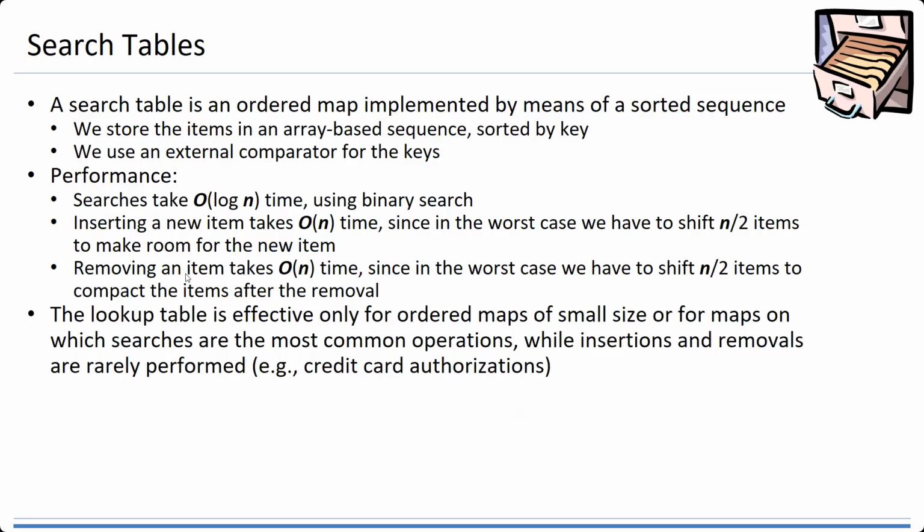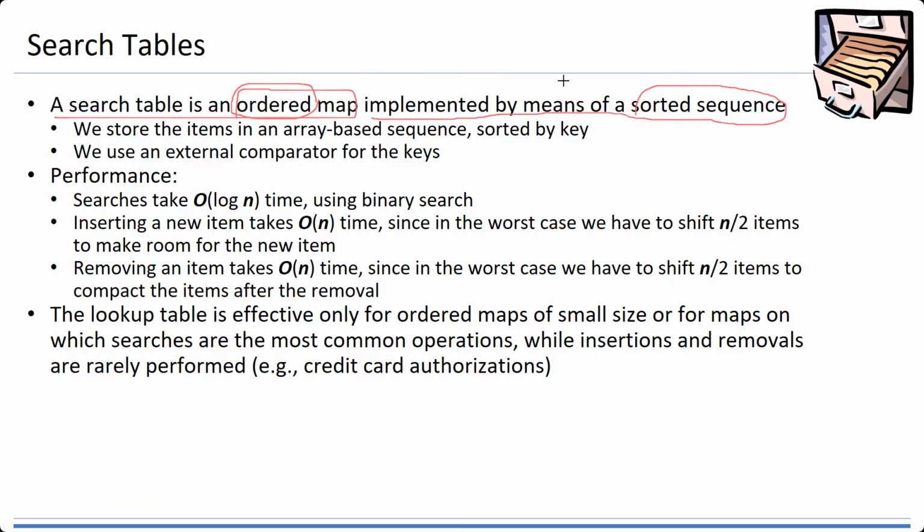So the idea of the binary search we can implement in the search tables. What is a search table? The search table means that we are using the ordered map. An ordered map is a map that has been ordered, and it is implemented by means of a sorted sequence.